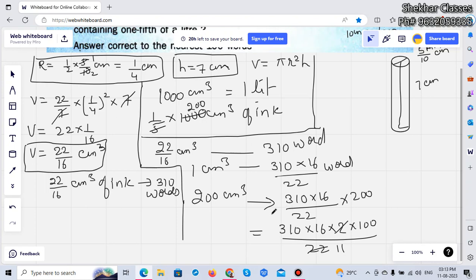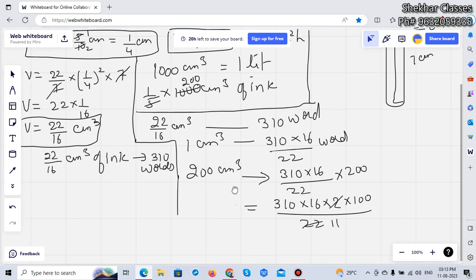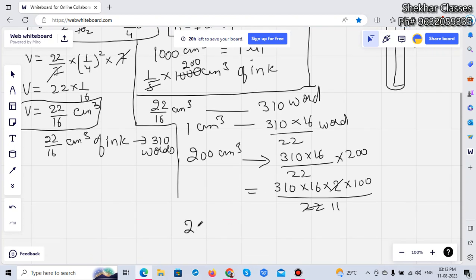So this 200 centimeter cube of ink can write approximately 45,090.90 something, so 91 words it can write here.